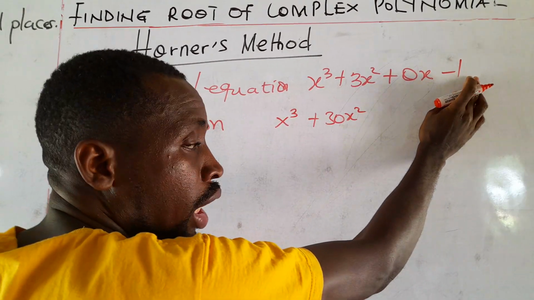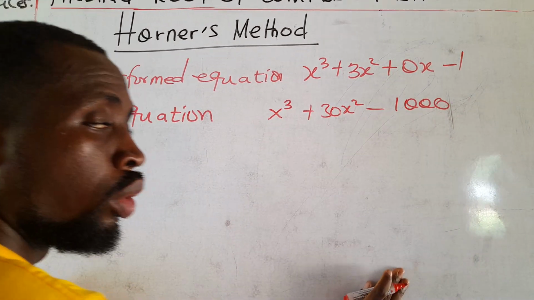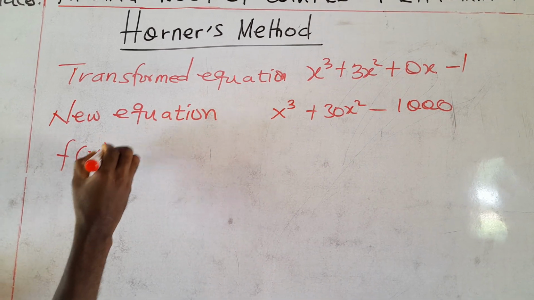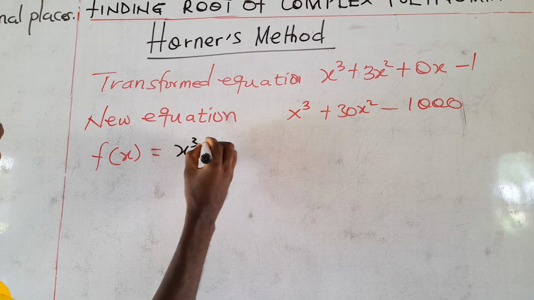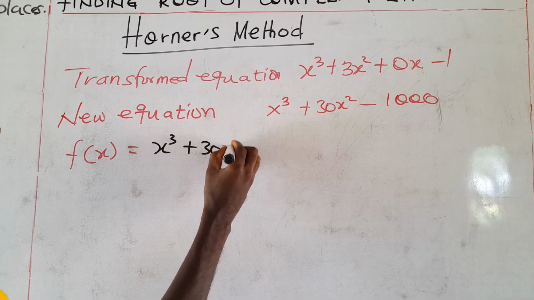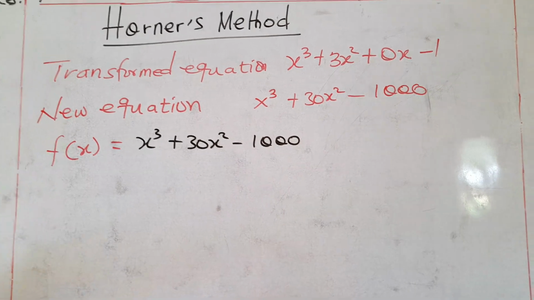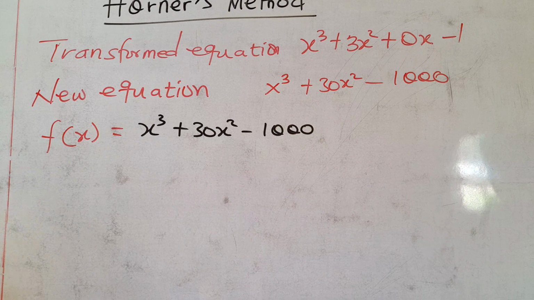Then this by 10 exponent 3, that will be 1000. I hope you get that. Now, you can say our f of x is equal to x cubed plus 30x squared minus 1000. What do we need to do? We need to use the location theory to find the interval.